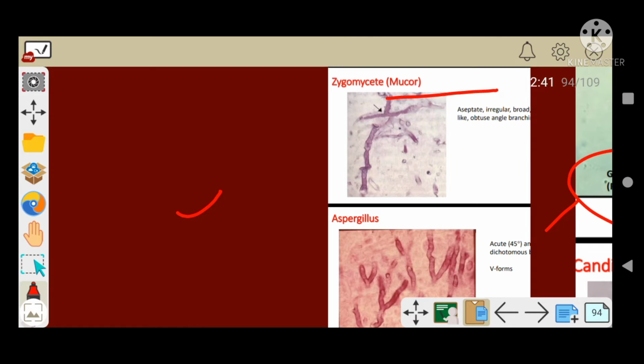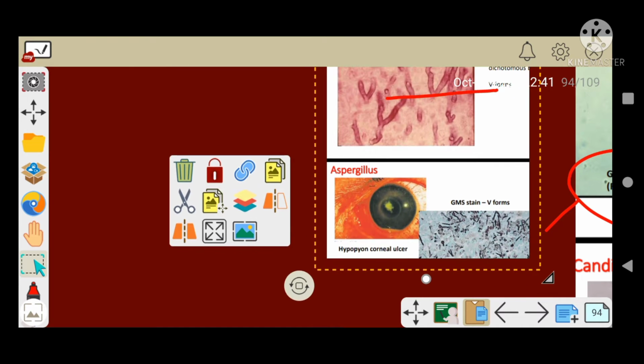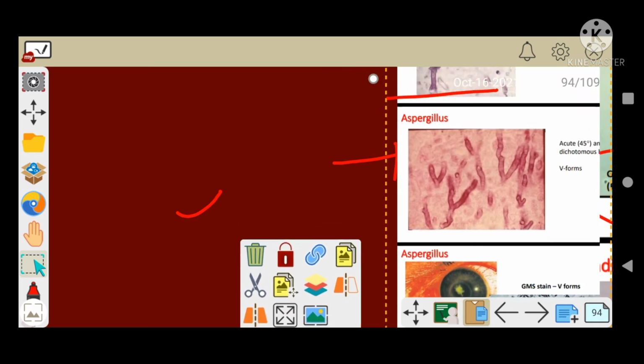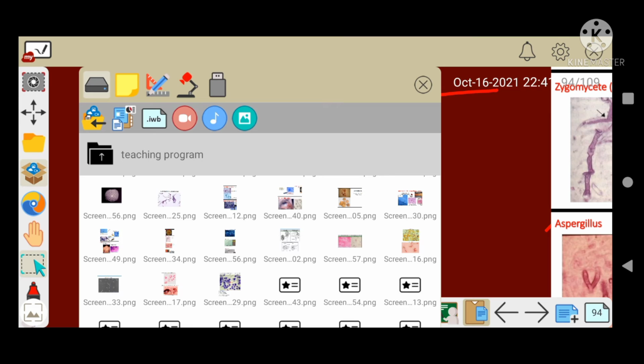Aspergillus has V forms, this one. Aspergillus we will discuss in brief in your medicine, right? Okay, next, I think this one is very difficult to see.